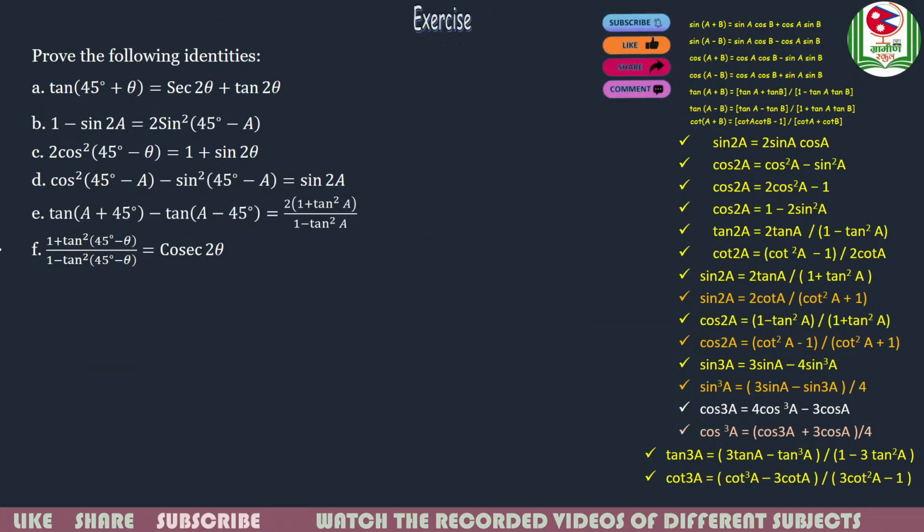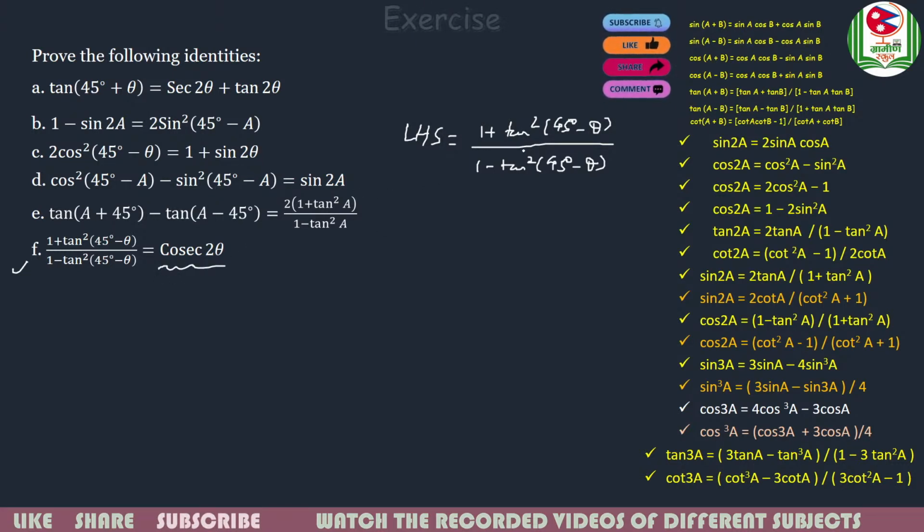Okay, how will we prove this f? To prove this f, we just take LHS. Here LHS is 1 plus tan square 45 degree minus theta upon 1 minus tan square 45 degree minus theta. We have to prove cosec 2 theta, and we know the formula in terms of tan: for sine it is 2 tan a upon 1 minus tan square a.